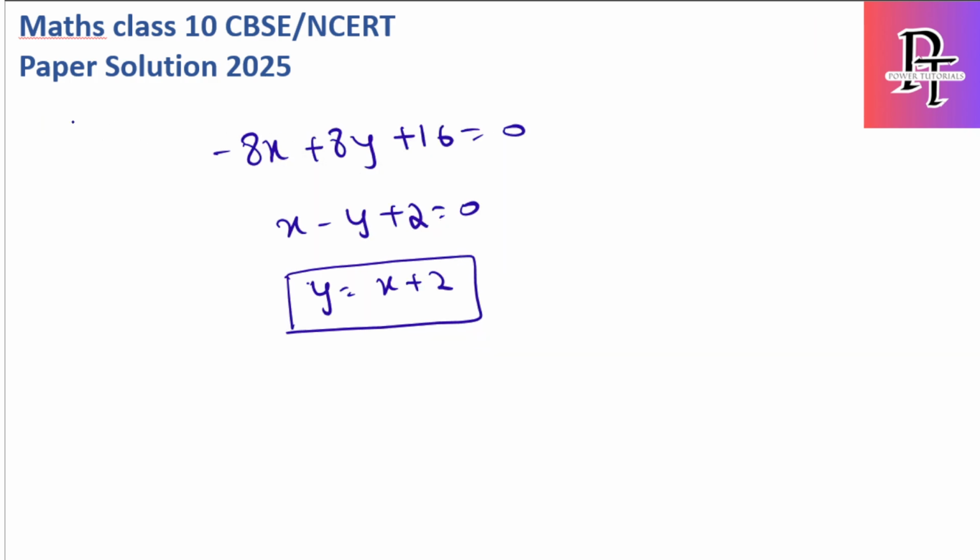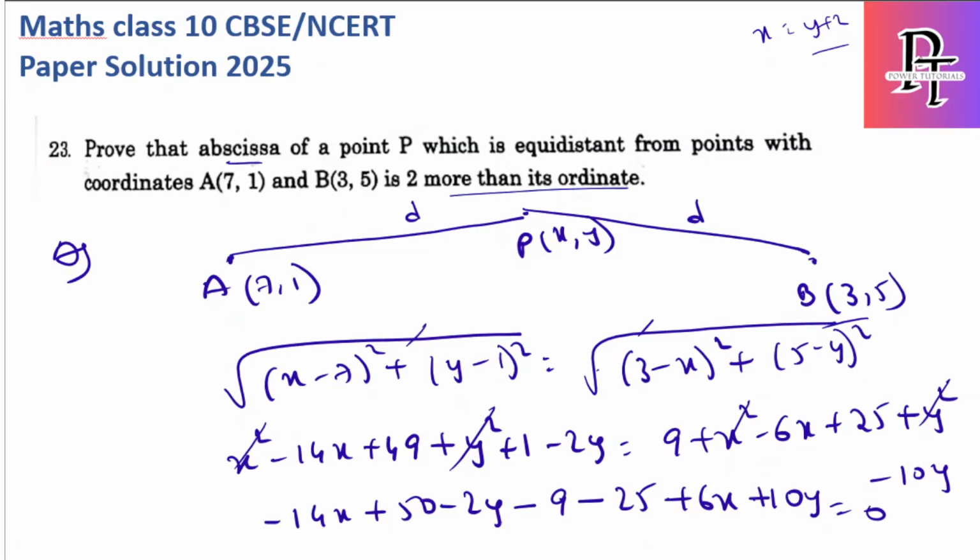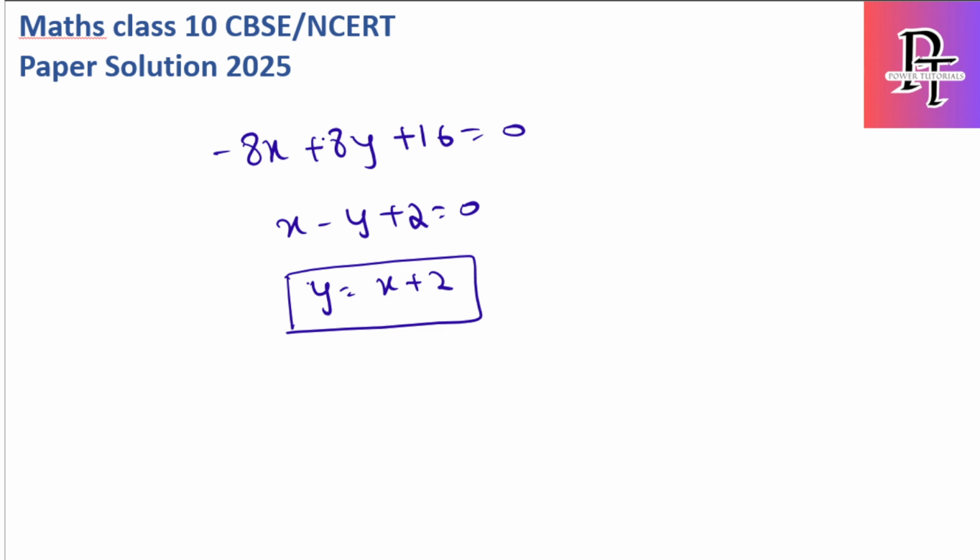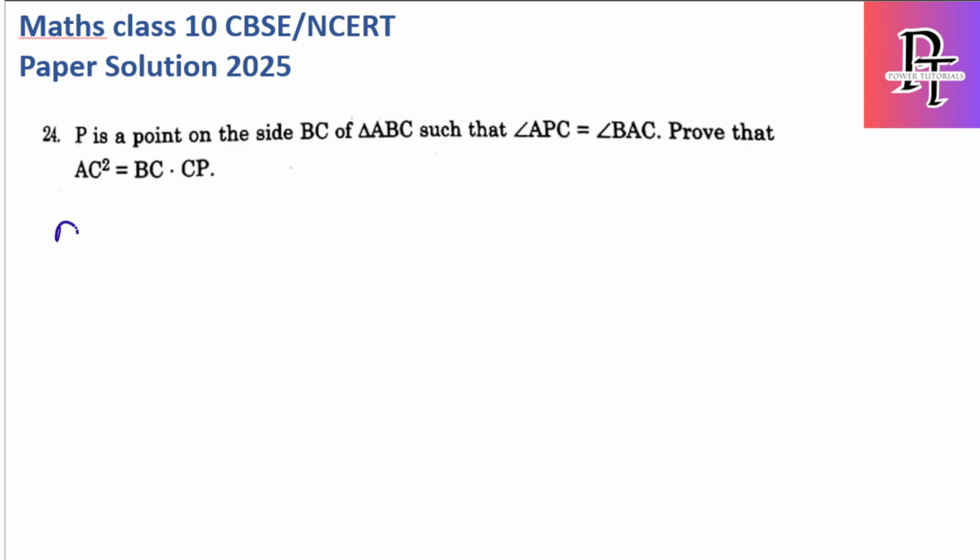Okay, the number is also 16. Here it should be minus. So x is equal to y plus 2. Now it is correct. Okay, let's move to the next one.